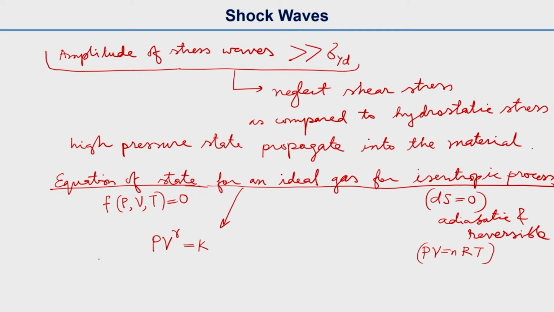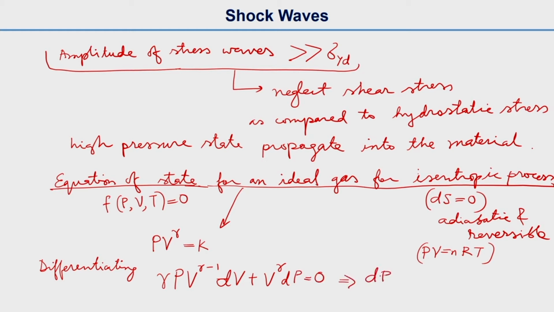So what we can do is differentiate. Differentiating we get gamma PV to the power gamma minus 1 dV plus V to the power gamma dP equal to 0, which will give us dP/dV is equal to minus gamma P/V.